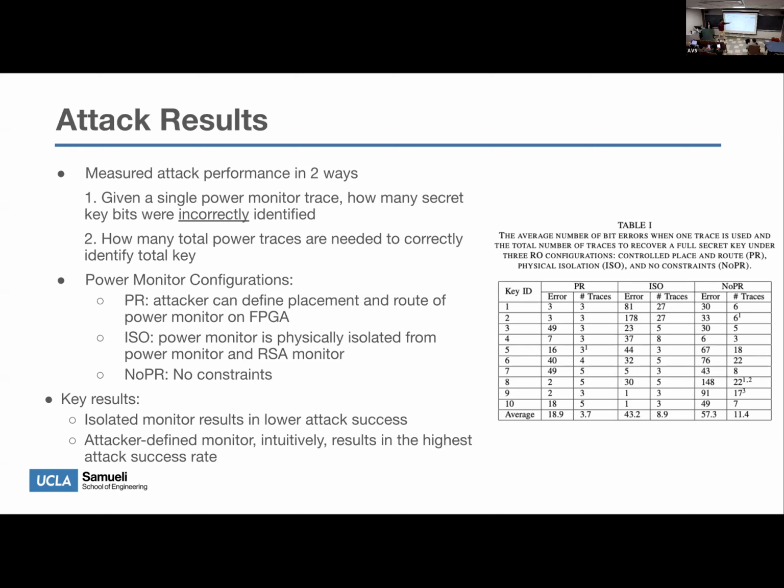And they essentially measured three different configurations of the power monitor. The first is what they initialize as PR, which is the scenario in which the attacker can define the placement and the routes of the power monitor on the FPGA. So if they want, they can directly connect it to the RSA module, for example.